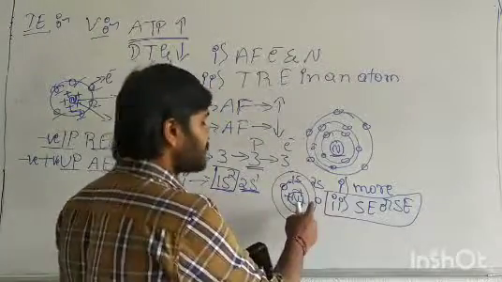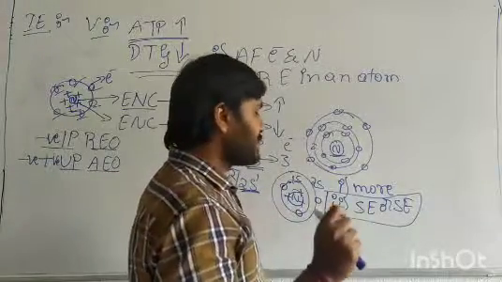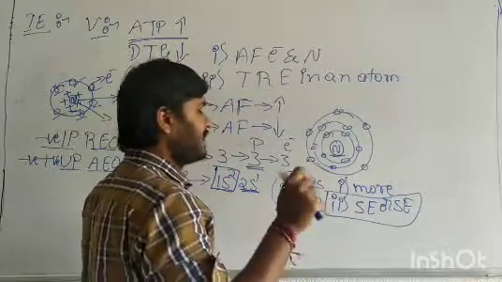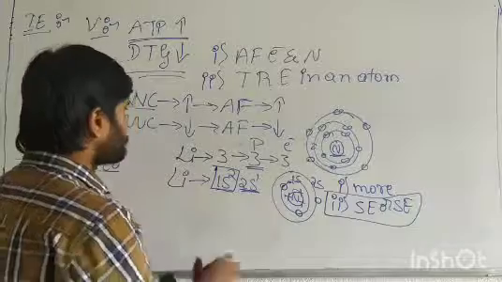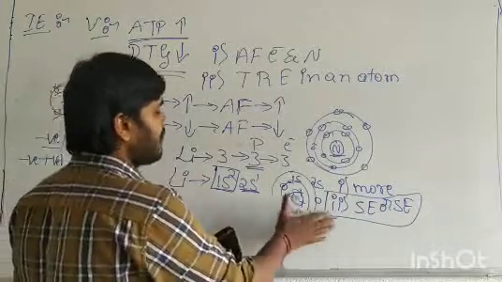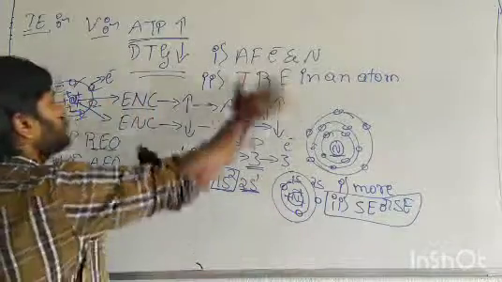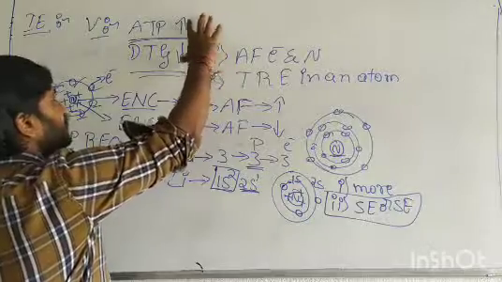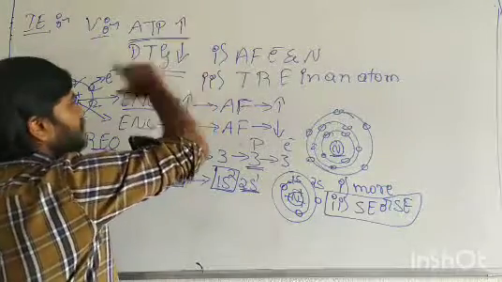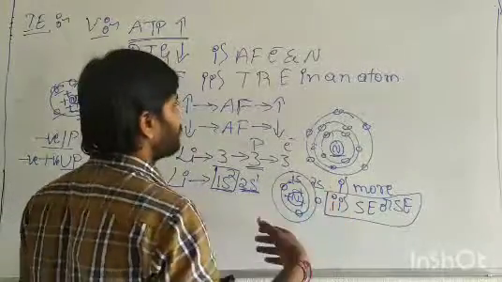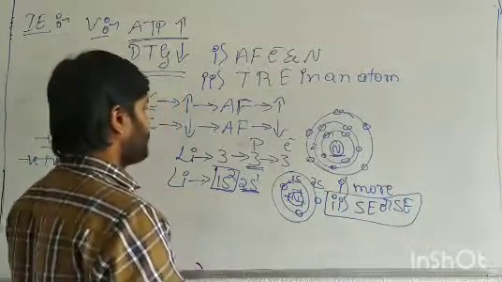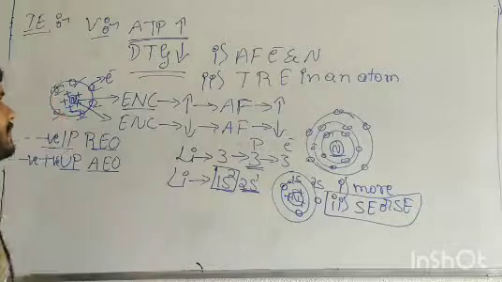So your 2s electron will experience less effective nuclear charge. Okay. This is a simple concept, and next we will move on to the variations of ionization enthalpy along the period and down the group, and there these concepts will come. So I explained these concepts before starting the variation.